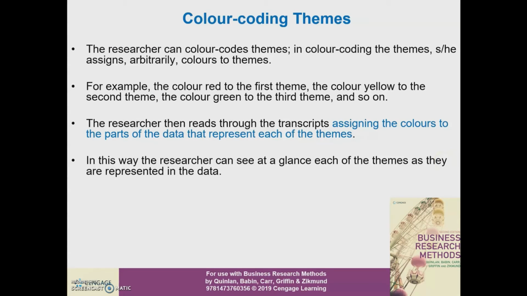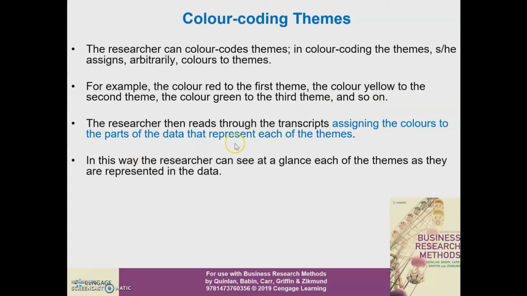To differentiate the different themes in a specific data set or interview transcripts, you as a researcher can use this method of color coding the themes. For example, you can assign the color red to the first theme, yellow to the second theme, green to the third theme, and so on.